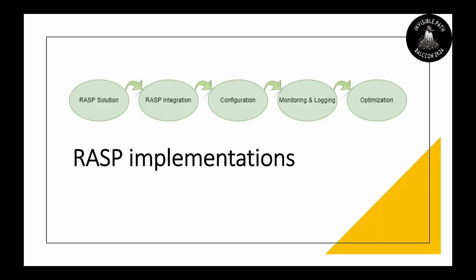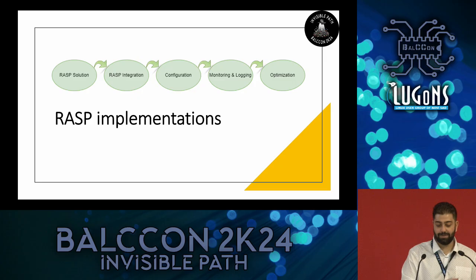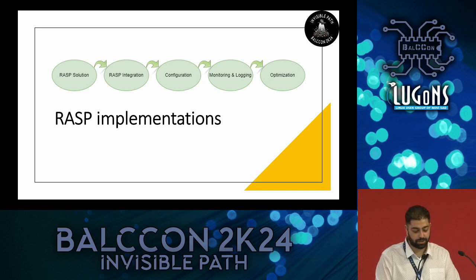And for implementation, what I did was have phases for the RASP solution. I compared different RASPs on the market. First of all, for the POC phase, I went through some open source and free tools. Then I compared that RASP solution with the commercial tools as well.